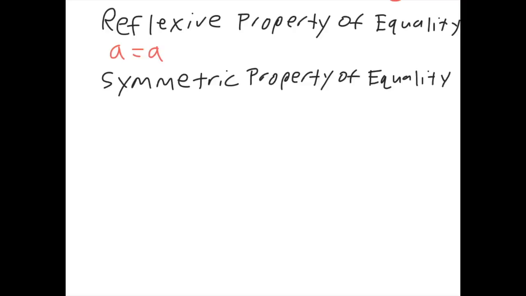The symmetric property of equality says if A and B are equal, if A equals B, then B equals A. So it doesn't matter if the A comes first or the B comes first. If they're equal, they're equal.